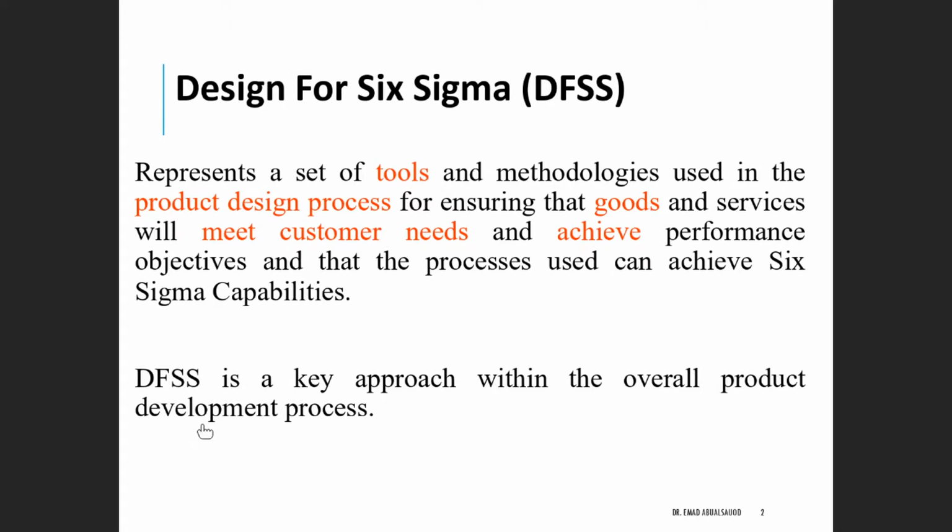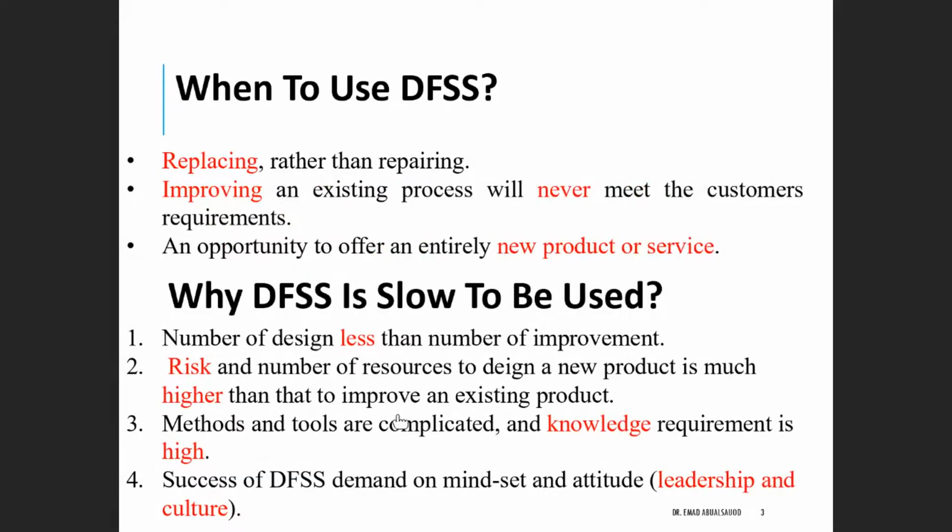So design for Six Sigma is a key approach within the overall product development process, starting from the raw material until you have a complete product. When do we use design for Six Sigma?